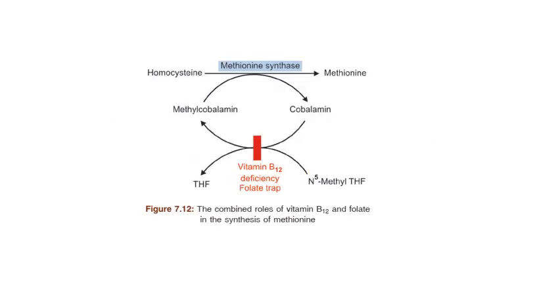Once again, let me discuss the combined role of vitamin B12 and folic acid in the synthesis of methionine. As we have discussed, the methionine synthase enzyme is responsible for the conversion of homocysteine to methionine, in which it requires methylcobalamin, that is vitamin B12.